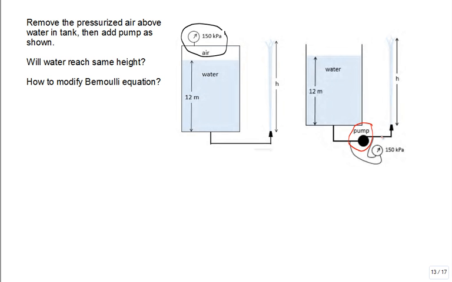And I run the pump such that if I measure the pressure on the inlet to the pump and compare it to the pressure on the outlet of the pump, the outlet is 150 kilopascal greater than the inlet. And I cut open this tank such that it's atmospheric pressure on the top. What do you think? Do you think that will give us a difference in the height? It will not. You'll get the same maximum height.